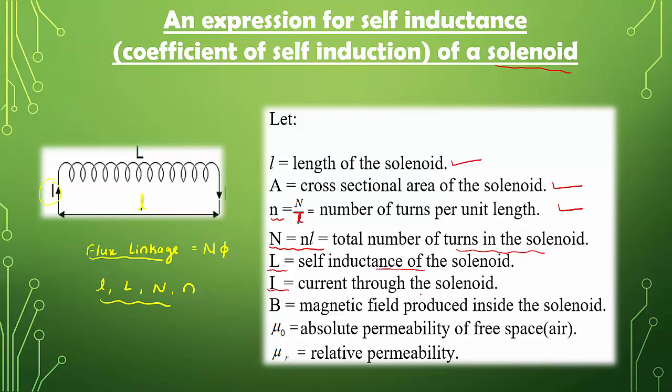I is current flowing through the solenoid. Capital B is magnetic field produced inside the solenoid. Mu naught is absolute permeability of free space. Mu r is relative permeability. These points you have to remember before going to derive an expression.